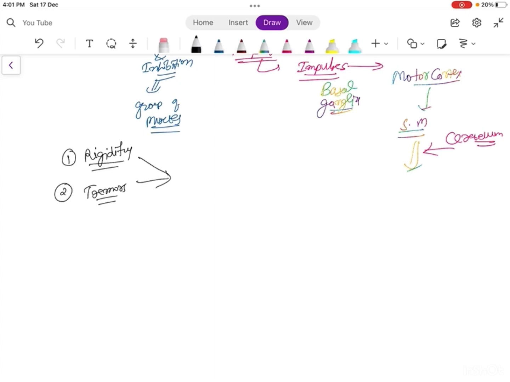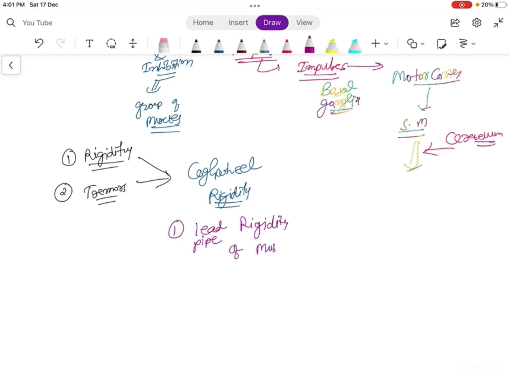By this knowledge you should know what is cogwheel rigidity. It's nothing, just lead pipe type of rigidity of muscle plus tremor in the same muscle. So when there is a rigidity and tremor of the same muscle, that will lead to the condition called cogwheel rigidity.